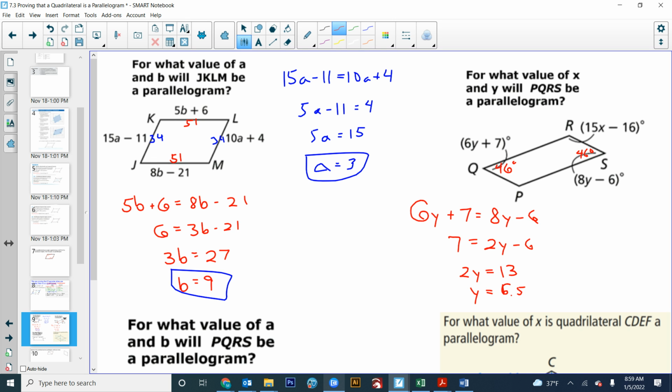There's a couple ways we can find X. Is everybody okay with solving for Y on that one? Okay. One option is knowing what this angle right here is going to be and setting 15x minus 16 equal to that angle. Do we know what this angle in blue, the angle R, is going to be?